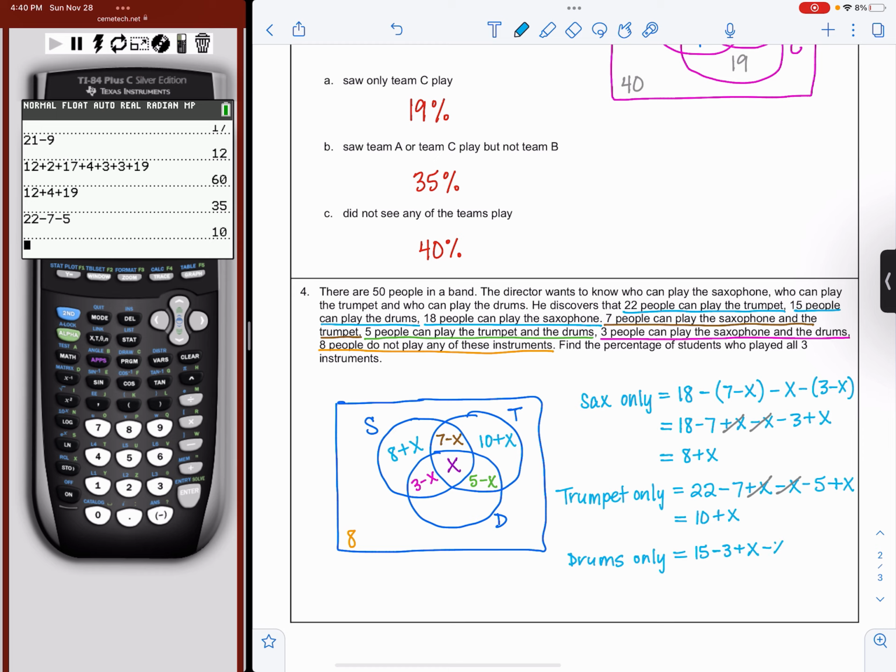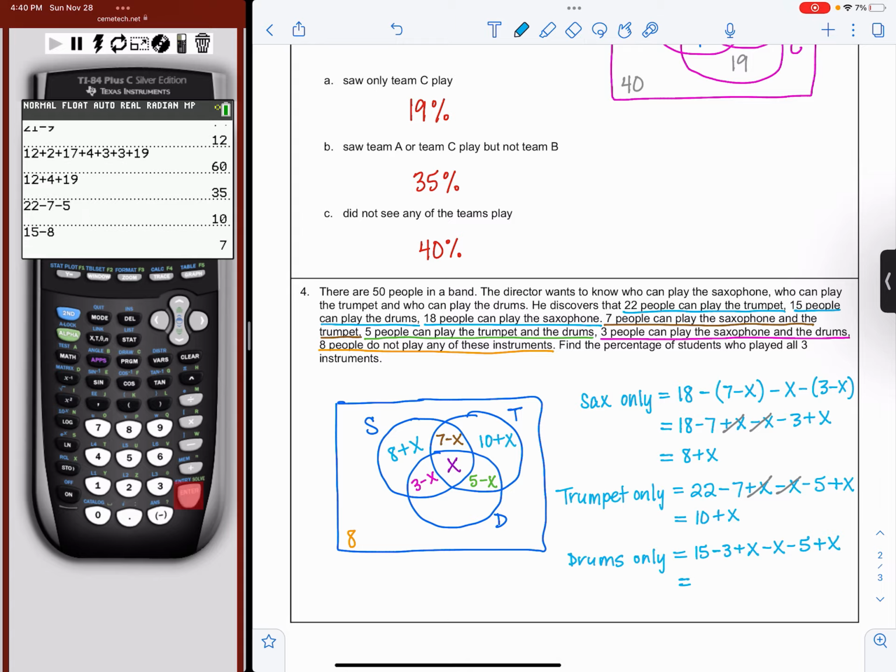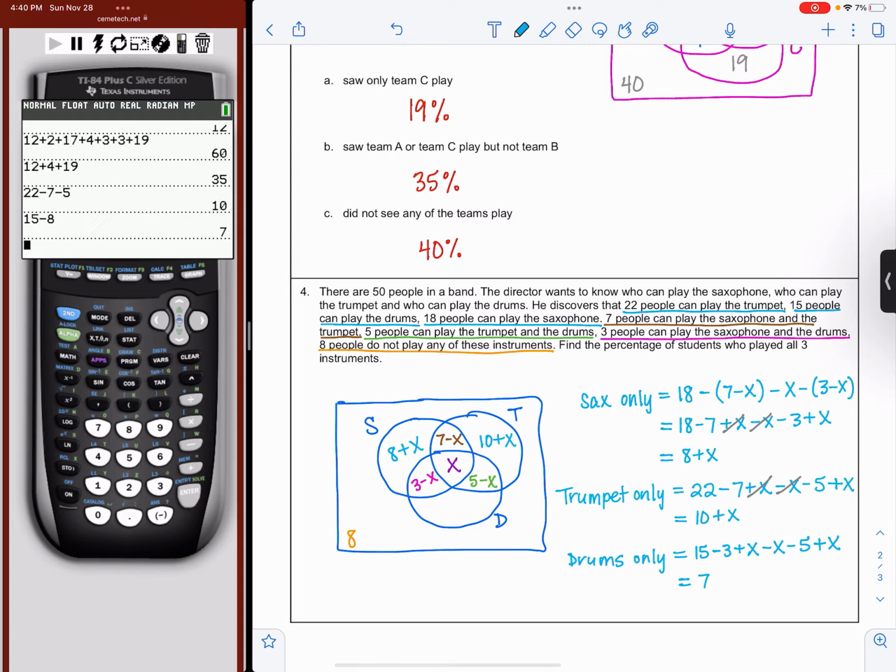Subtract the x in the middle, which is minus x. Subtract the 5 and subtract the negative x, which is plus x. So combine like terms. 15 minus 3 minus 5 is basically 15 minus 8, and that is 7. And then we already know that the positive x and the negative x cancel out, which is going to leave us with a plus x. So we end up having 7 plus x in the drums only section.